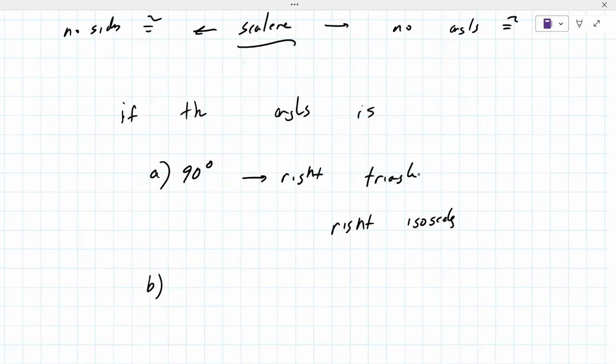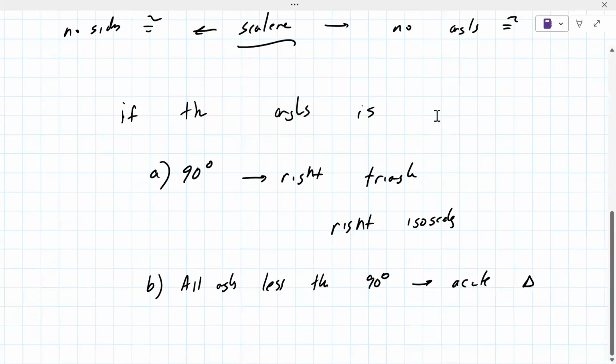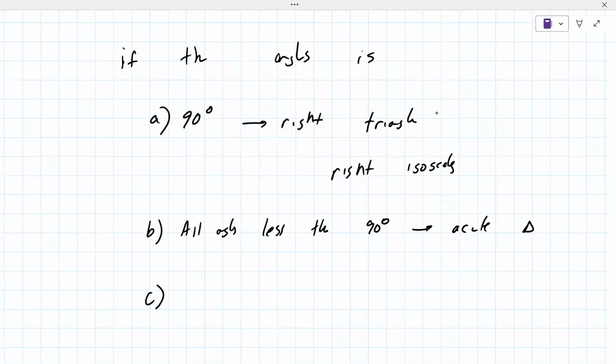If all angles are less than 90, this is called an acute triangle. If one angle is greater than 90, it's called an obtuse triangle.